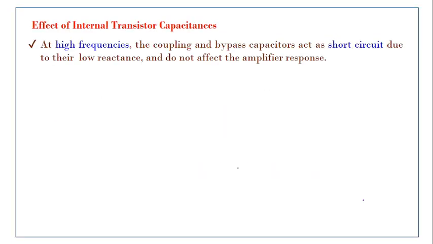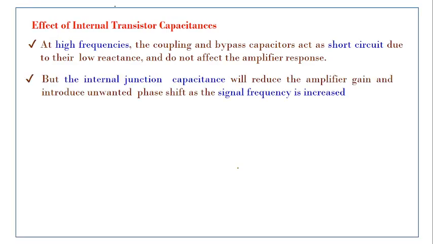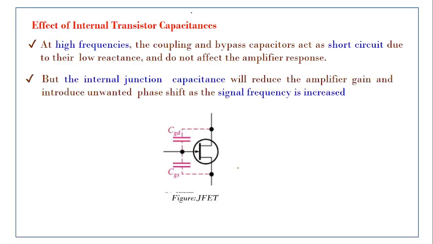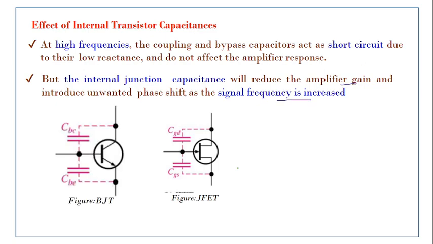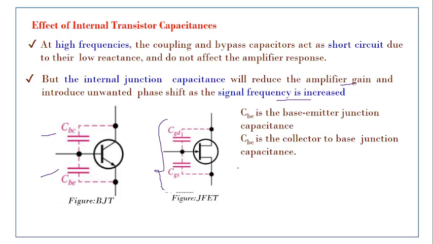At a higher frequency, the roll off in the gain is only because of the internal or stray capacitance present. Because of this, it will reduce the amplifier gain and thereby introduce some amount of phase shift. These are the interelectrode capacitances in your BJT, and these two are the interelectrode capacitances of a JFET amplifier.